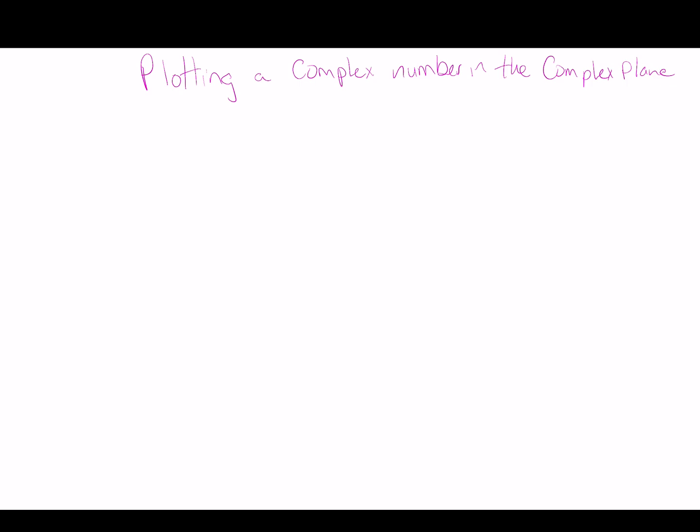Let's talk about plotting a complex number on the complex plane. So when we plot real numbers on the number line, we only have a single component, which is the real component. But with complex numbers, we have a real part, a, and an imaginary part, b. That's a complex number in standard form. So what we need is to use the complex plane.